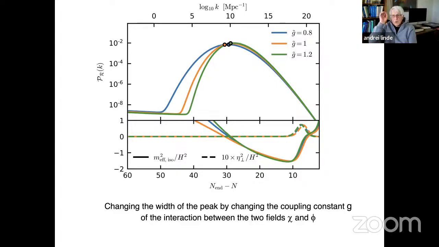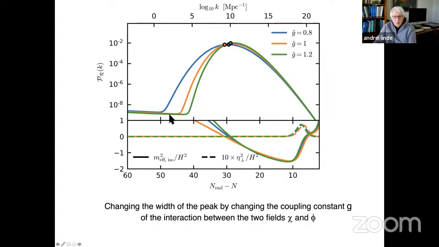So when the field phi was rolling down the potential, coming closer to the critical point, already at this time the curvature of the potential in the direction chi becomes relatively small, and you start producing fluctuations of this field chi. And when you just start producing them, they are isocurvature fluctuations. But later, when the field chi starts moving down, then these fluctuations will be converted into adiabatic perturbations.